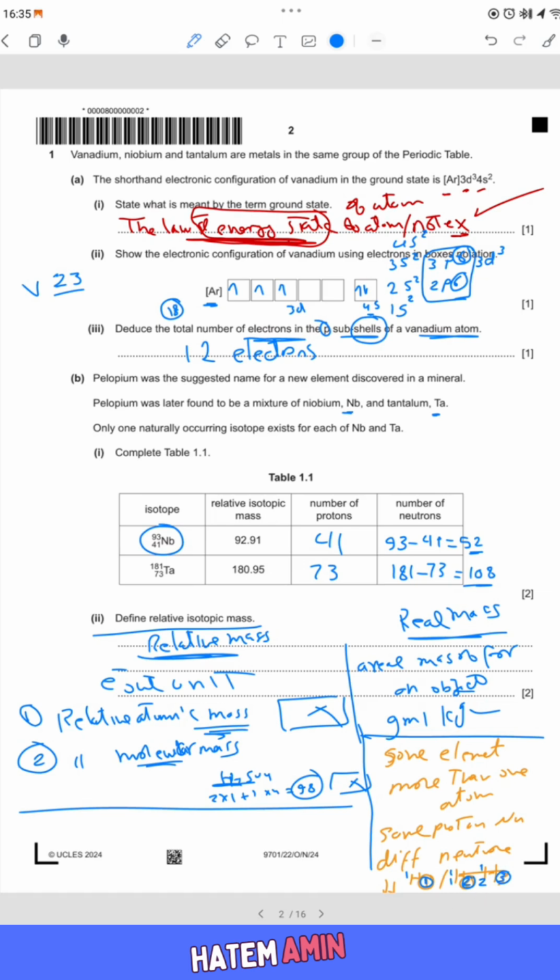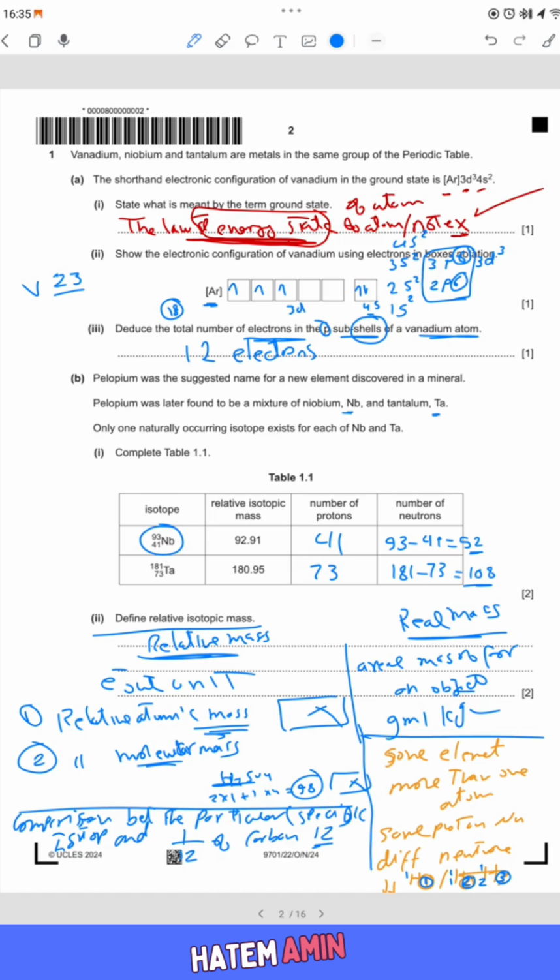So how can we detect it? It is a comparison between the particular or specific isotope and 1/12 of carbon 12.